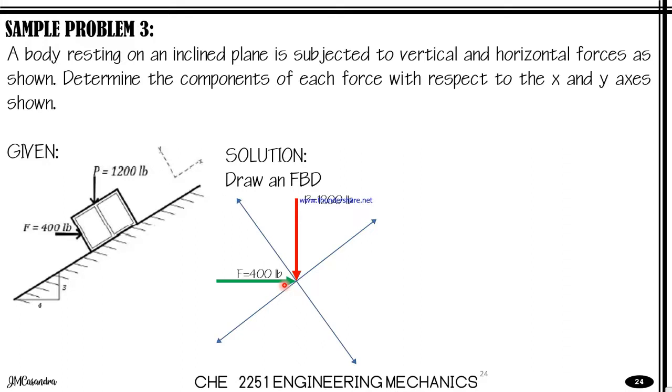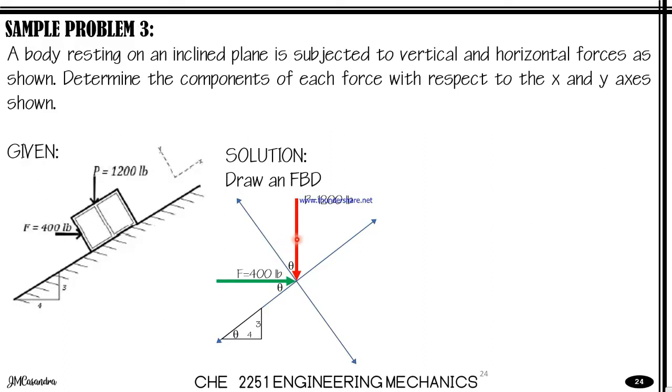So from the diagram, we have a slope which is 3:4. So let's assume that the angle of the incline to the horizontal is theta. So we could also say that this angle is also theta, and this angle is also theta.